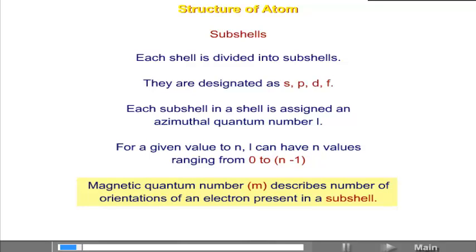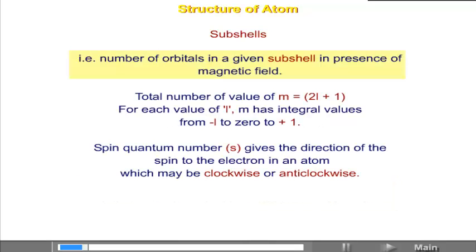Magnetic quantum number m describes the number of orientations of an electron present in a subshell, that is, the number of orbitals in a given subshell in the presence of a magnetic field. The total number of values of m is equal to 2l plus 1.